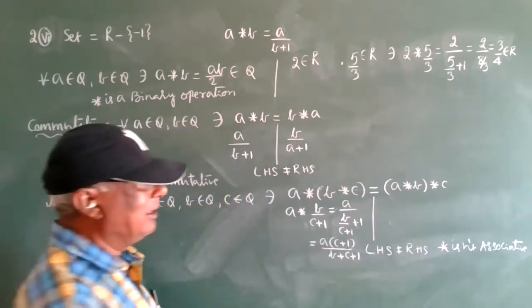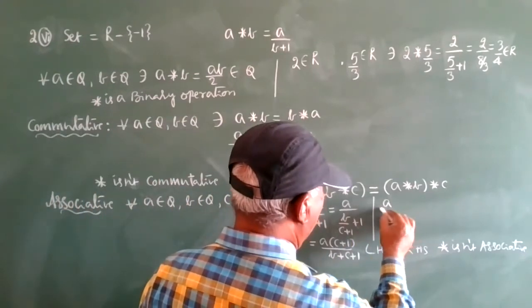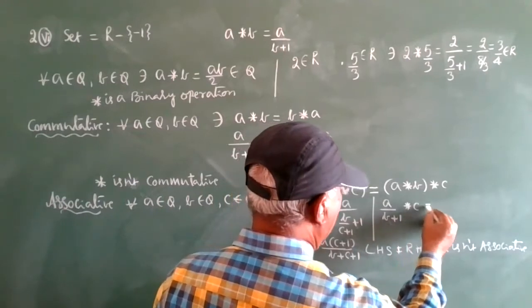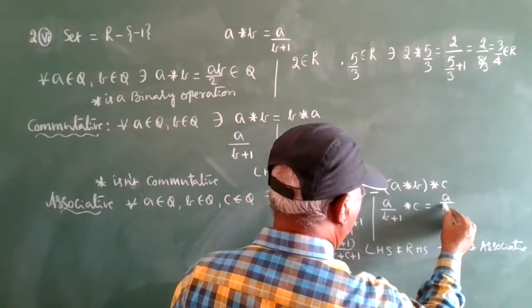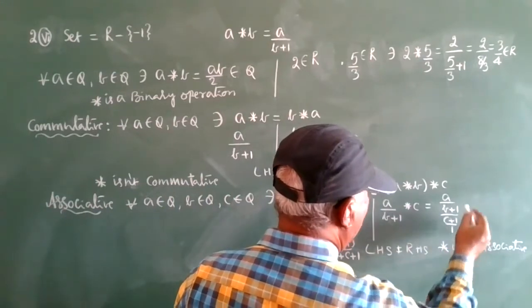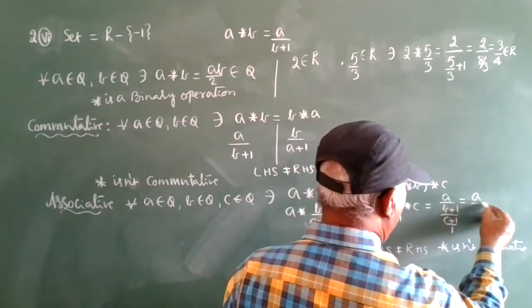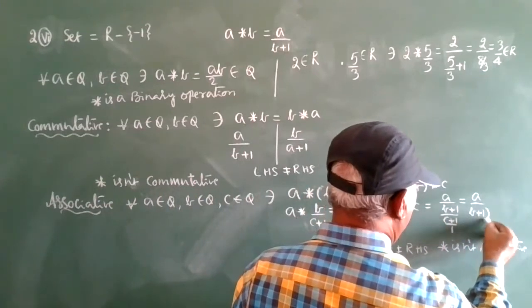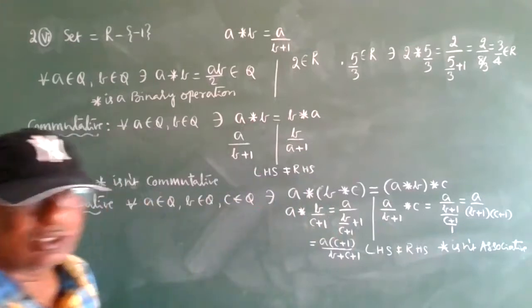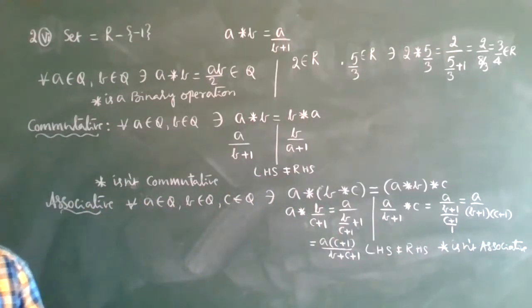Right hand side: here is A by B plus 1 star C. Here is A by B plus 1 by C plus 1. This is A by B plus 1 into C plus 1. Both are not equal. Star is not associative.